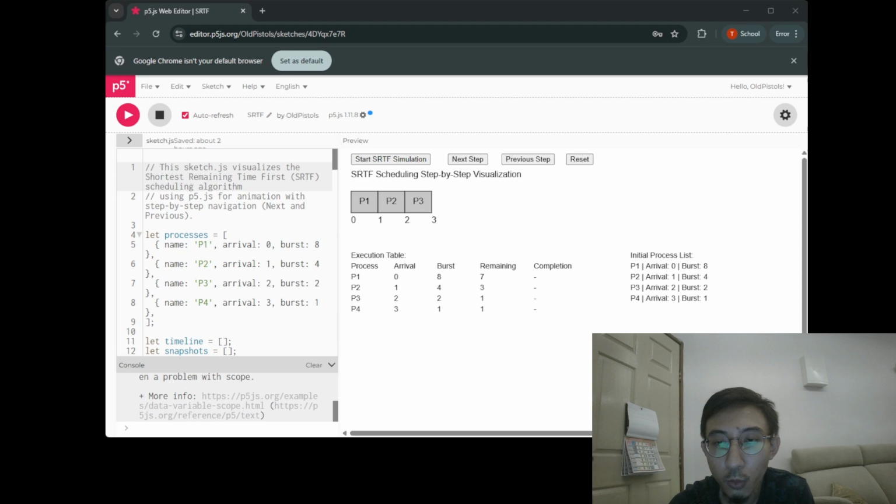Because both P3 and P4 have the same remaining time, but P3 arrived earlier, the CPU continues with P3. At time 4, P3 finishes execution. Now P4, with the shortest remaining time of 1, starts and completes in the next unit.